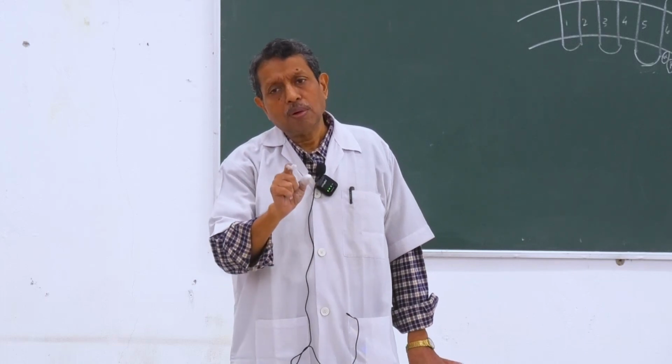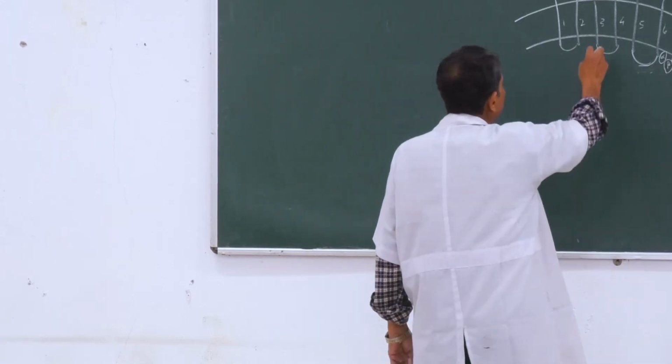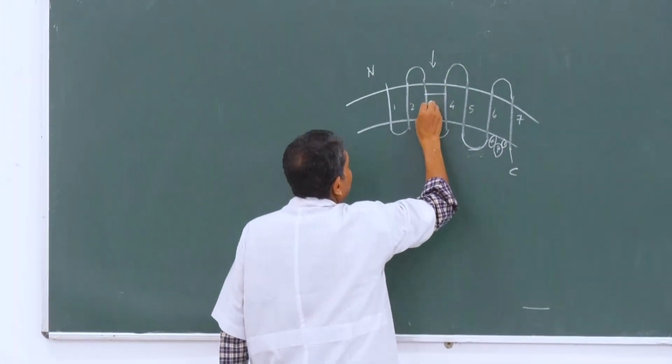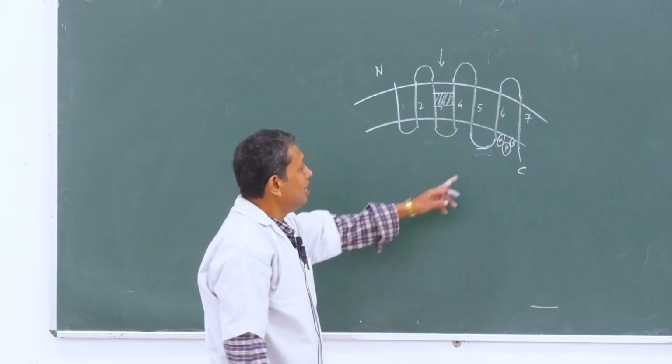And somehow they are attached to this, and whenever an appropriate ligand binds with it, suppose this ligand, a hormone from outside, can unite with it, then there is activation.